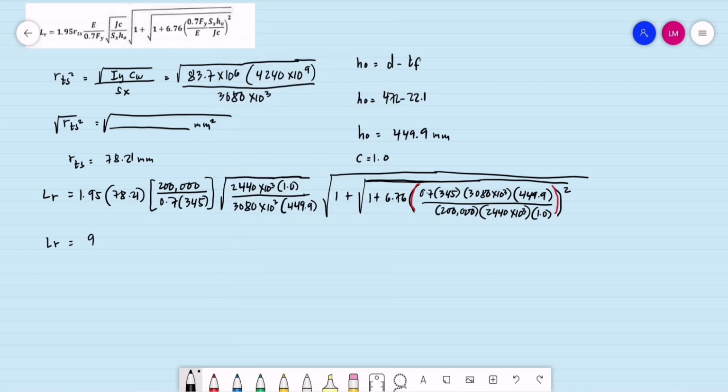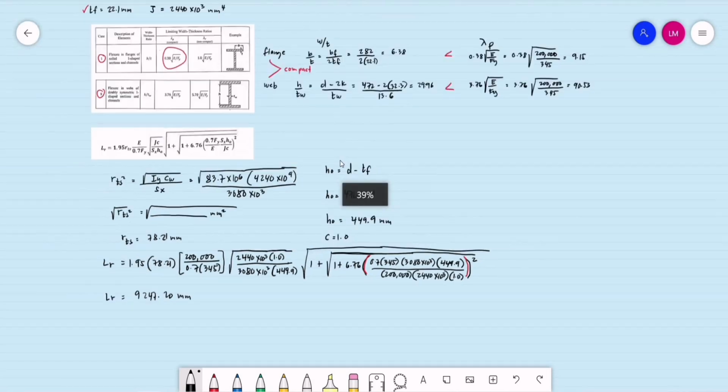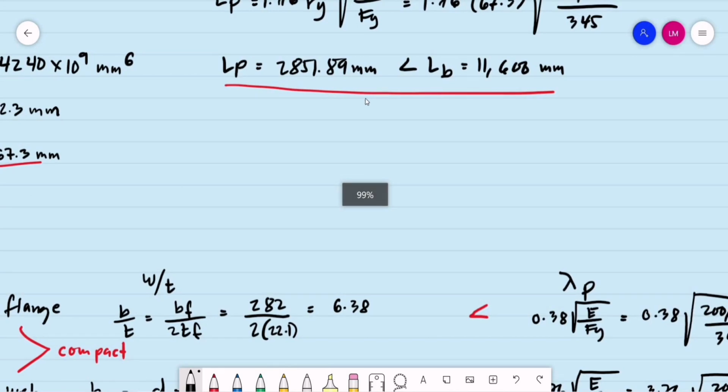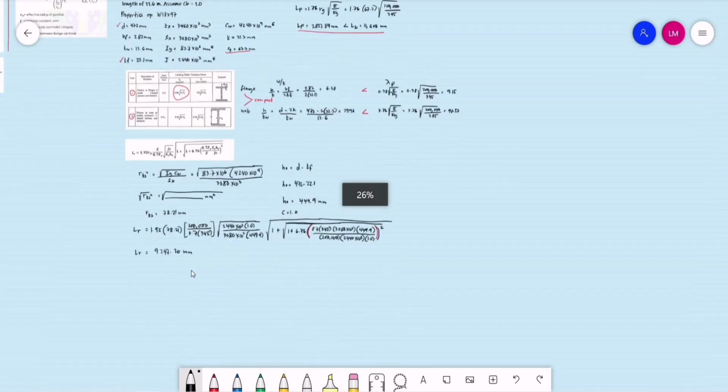So this is 9,247.20 millimeters. If you are to recall again the value of our LR, LB, and LP, we can now summarize.